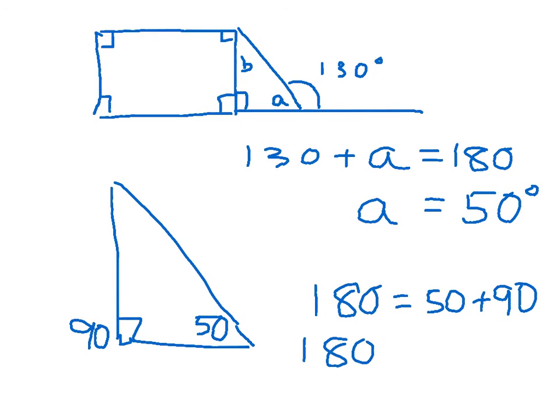So 180 has to equal 140 plus B, and that was the B that goes up here. So B has to make up the difference of 40, so B must be 40 degrees.